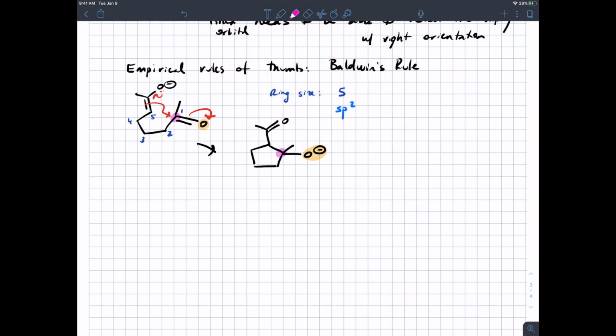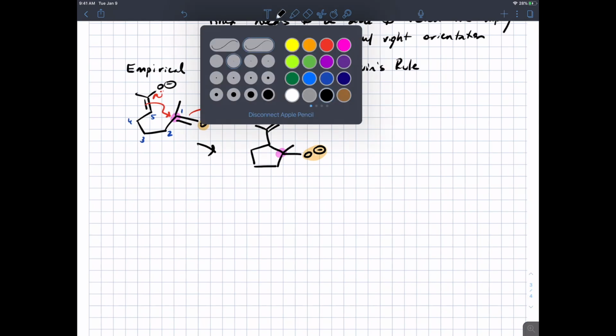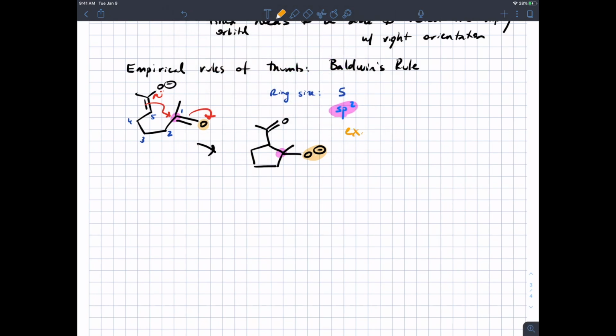So here's the atom that was attacked. It was sp2 hybridized. And then the other atom in the bond that was attacked is now outside the ring. So we're going to call this an exo ring closure because the other atom of the bond that was attacked is now exocyclic. Okay?